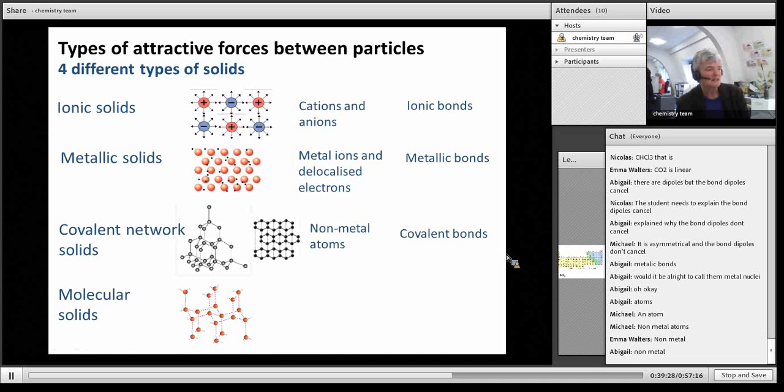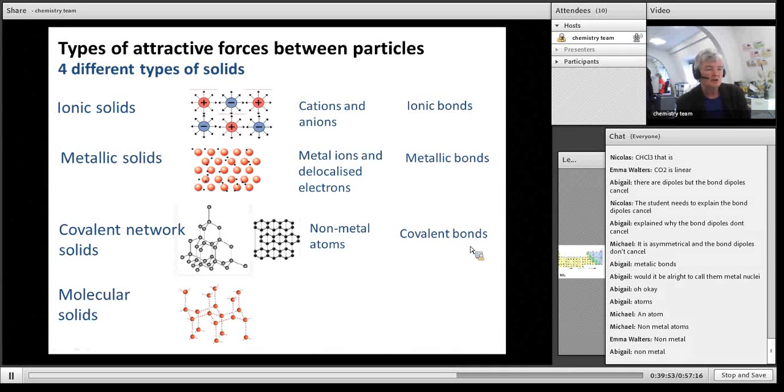So all these lines here are represented by covalent bonds. In graphite, you've got solid lines, which are the covalent bonds, and then you've got these dotted lines. So you can get a mixture of attractions in covalent network solids, but the dominant one that makes it a covalent network is the fact that it's got a covalent bond.